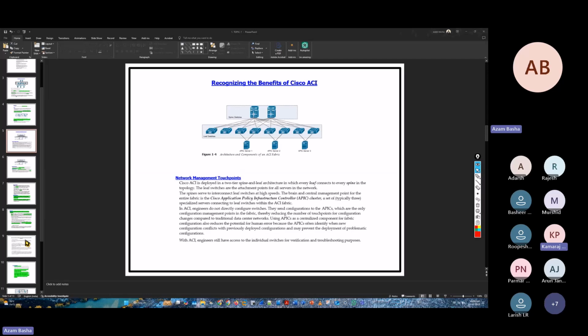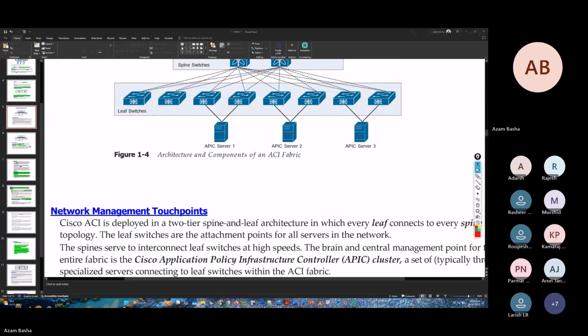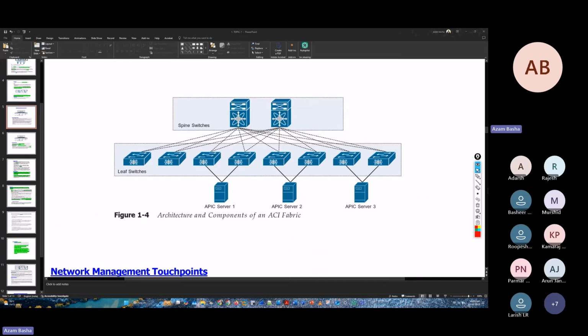Yes, please go ahead. Is there any interface between these servers for the failovers? When you say servers, you mean the Epic controllers, correct? Yes. So that would be our next discussion.